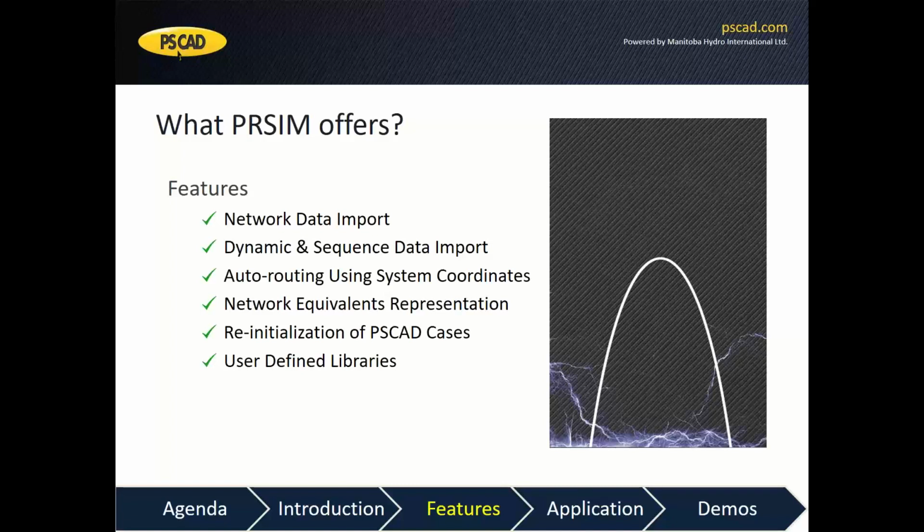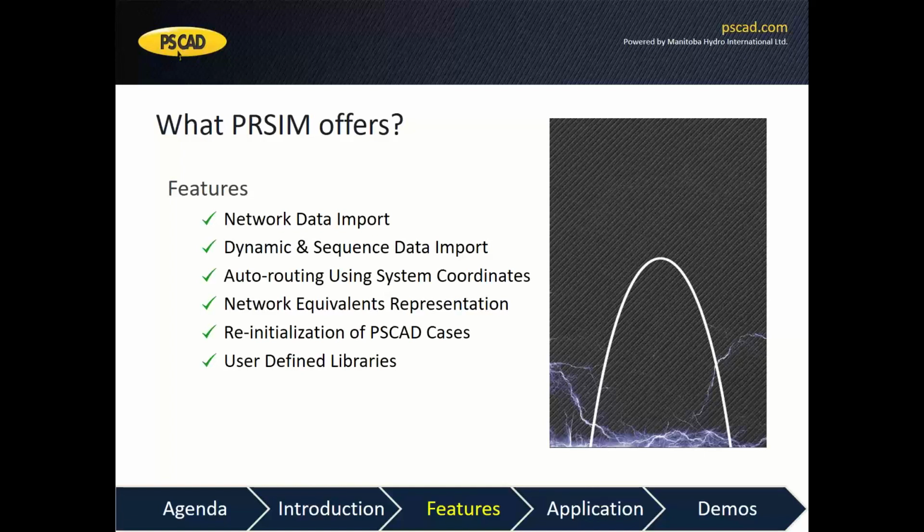It imports detailed dynamic and sequence information if available. So in case you would like to see a more detailed representation of your system, for example, rather than having a simple AC source, you would like to see a combination of synchronous machine, governor, exciter, and all those detailed pieces of information, that's doable through PRSIM.